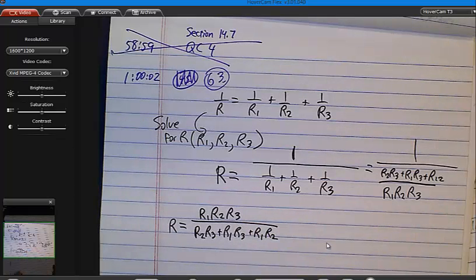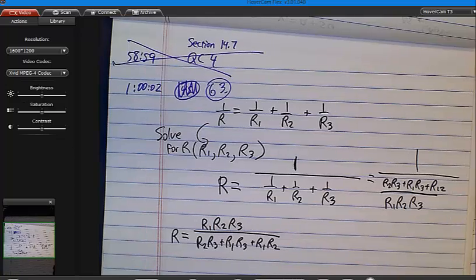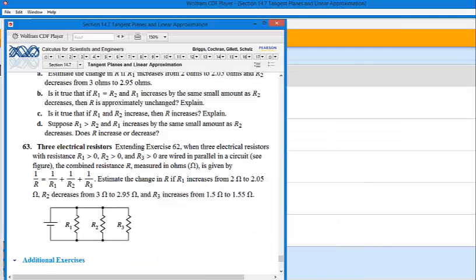So what we want to do next is compute partial derivatives, yes? Yes. Because we're going to compute dR here.